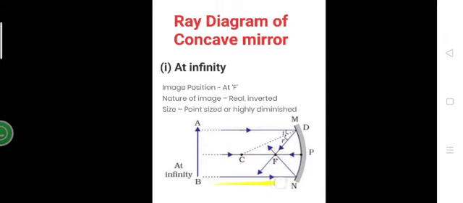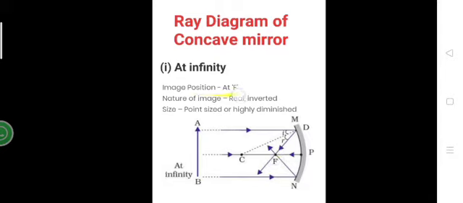So here both rays meet at point F, and one thing: the image will be formed where at least two rays meet after reflection or refraction. So here these rays meet after reflection at point F, so the image will be formed at F.